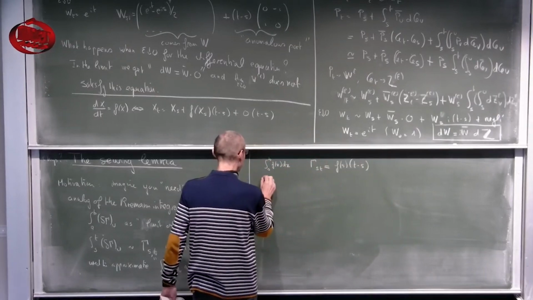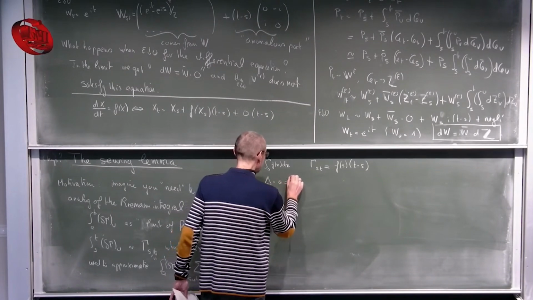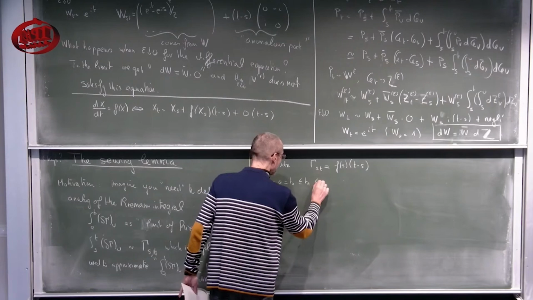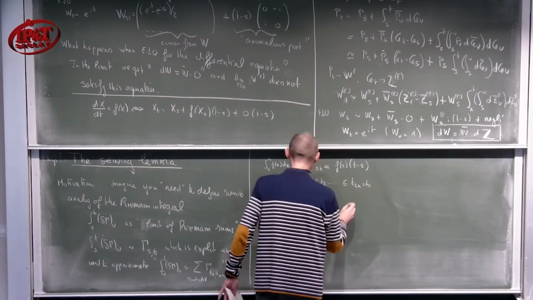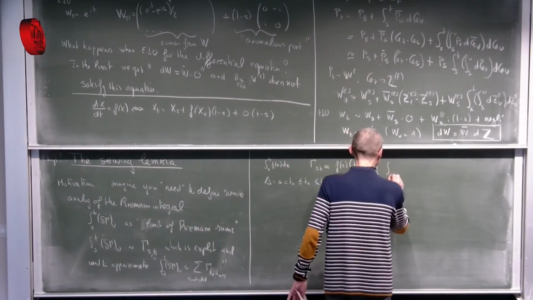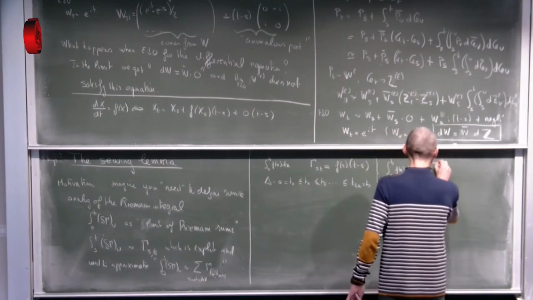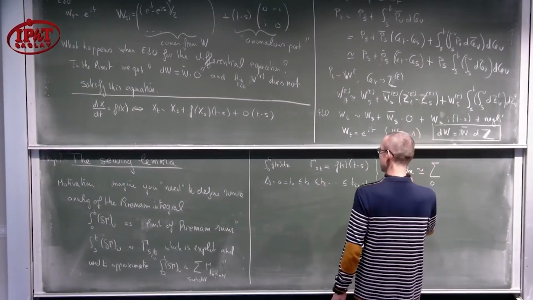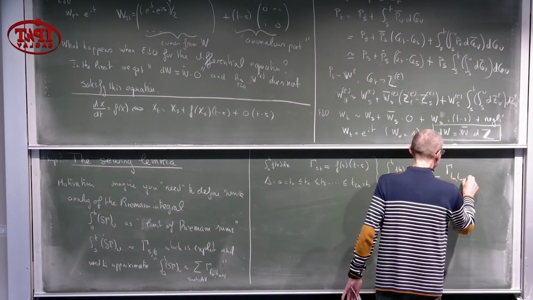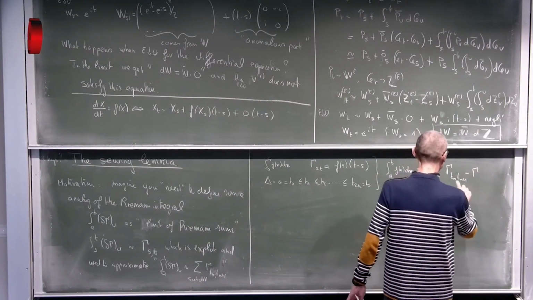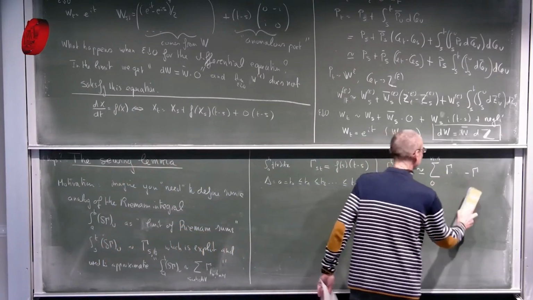Then for the general Riemann sums, if you have a subdivision a equals t_0 less than or equal to t_1 less than or equal to t_2, etc., up to t_{2n} equals b, then we would approximate the integral from a to b of f(x) dx by the sum from 0 to n minus 1 of gamma terms. I'm doing here the most general Riemann sum, so I have to take that into account.